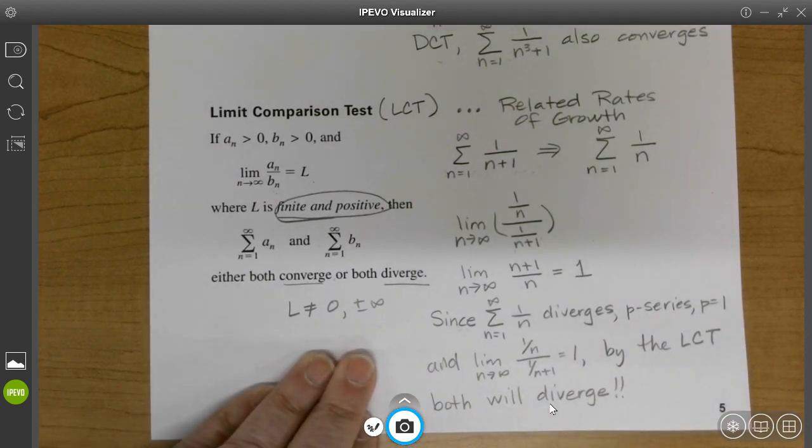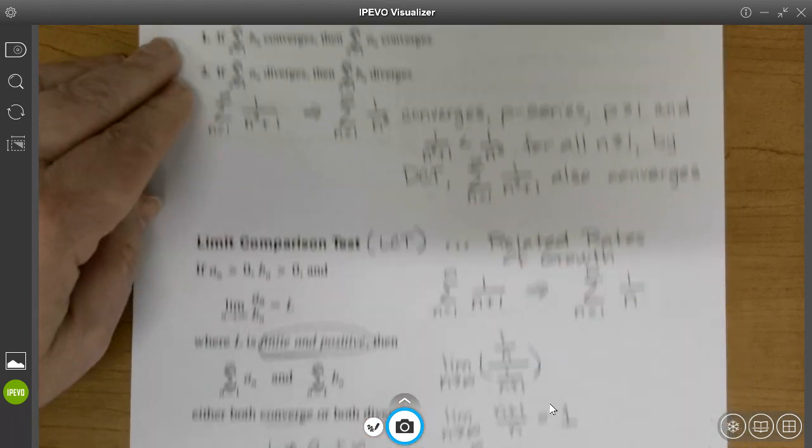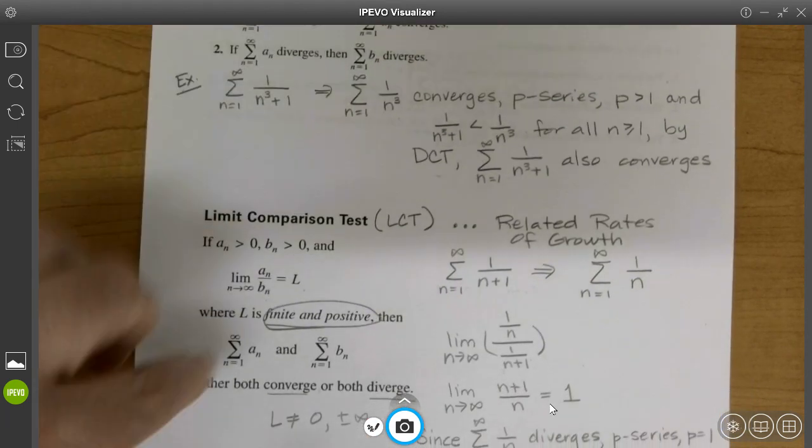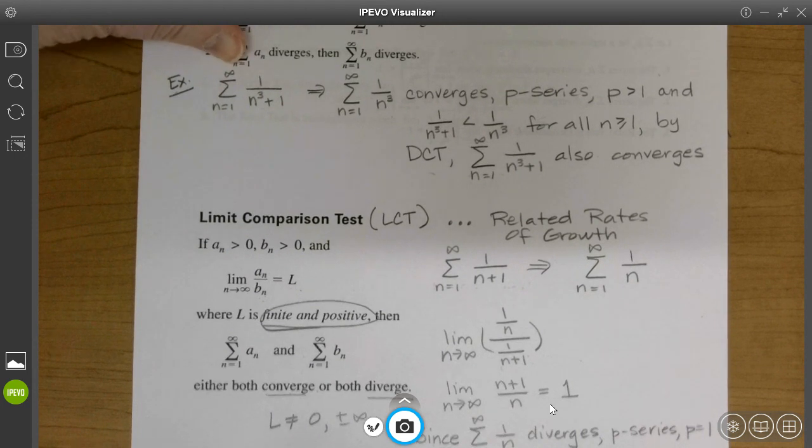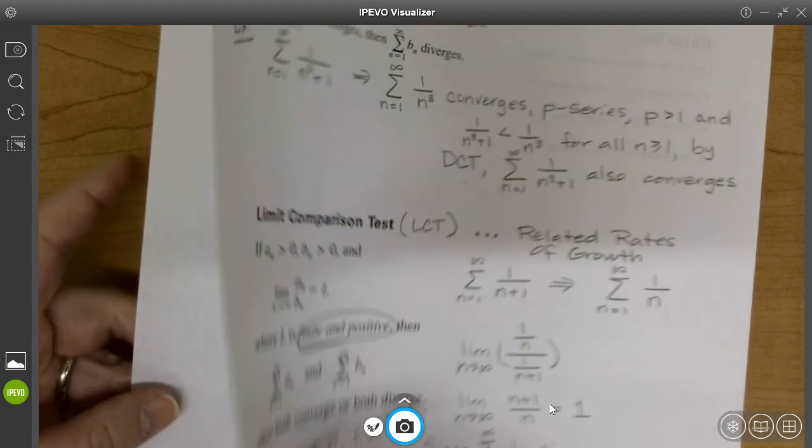Okay, and sometimes you have to use L'Hopital, but in this case it worked out where we didn't. Okay, so those are the two comparison tests, and I really like the limit comparison test better, so that's a personal preference. All right, let's do the next one.